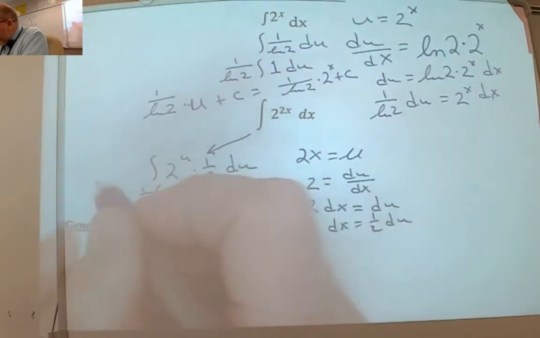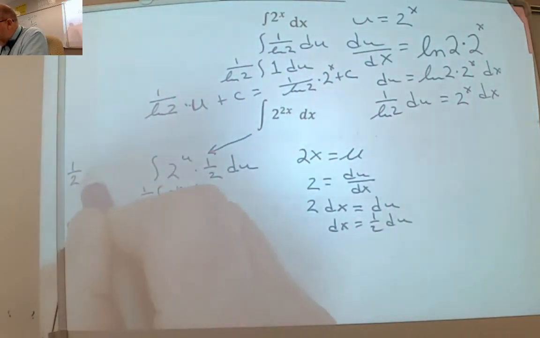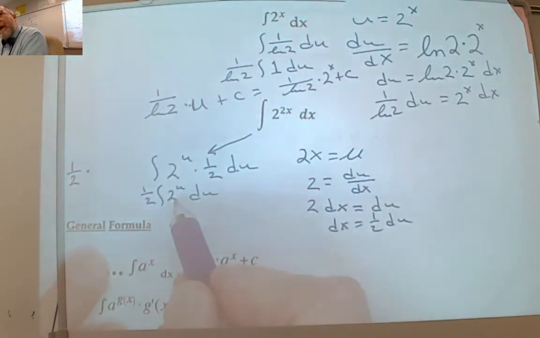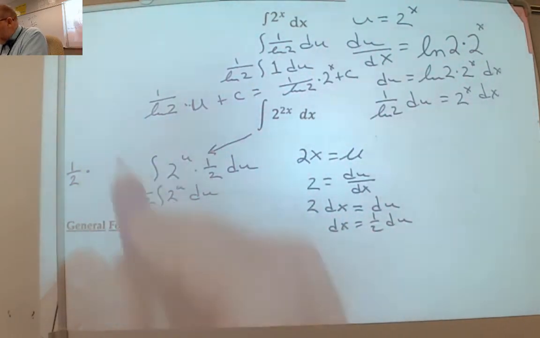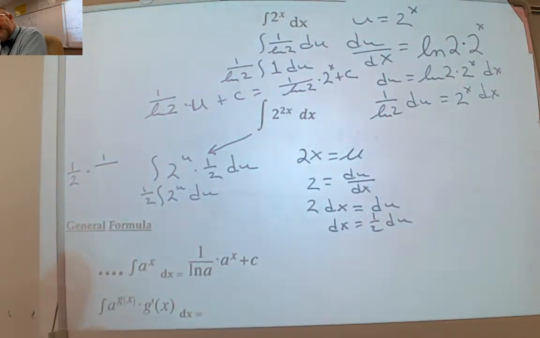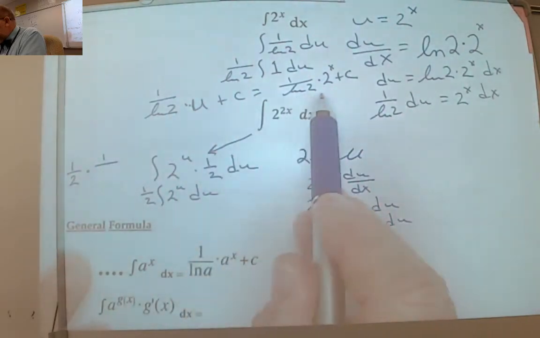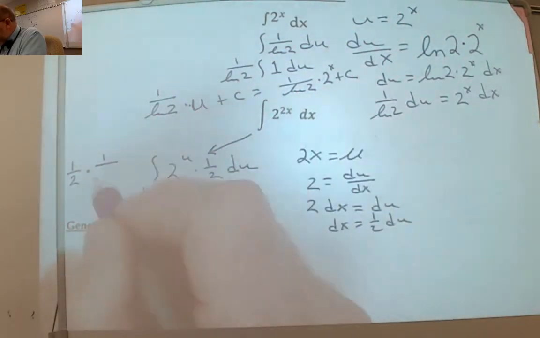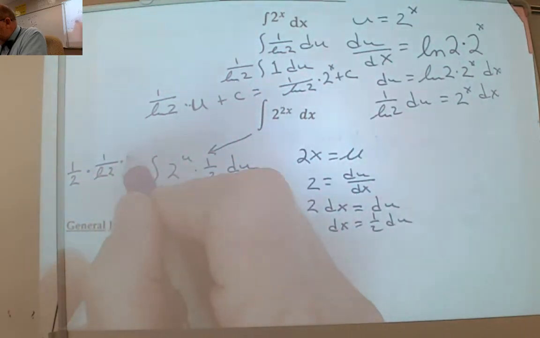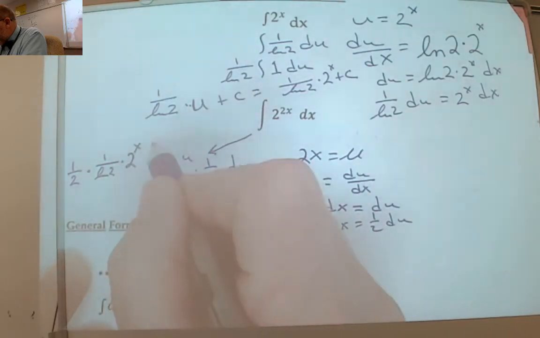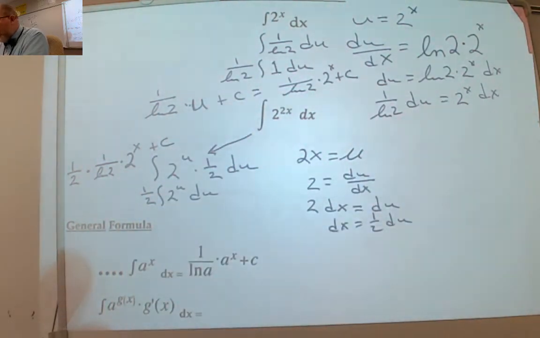Alrighty, so I've got 1/2 times the antiderivative of 2 to the u. That is 1 over what? ln of 2 times 2 to the u plus c, correct?